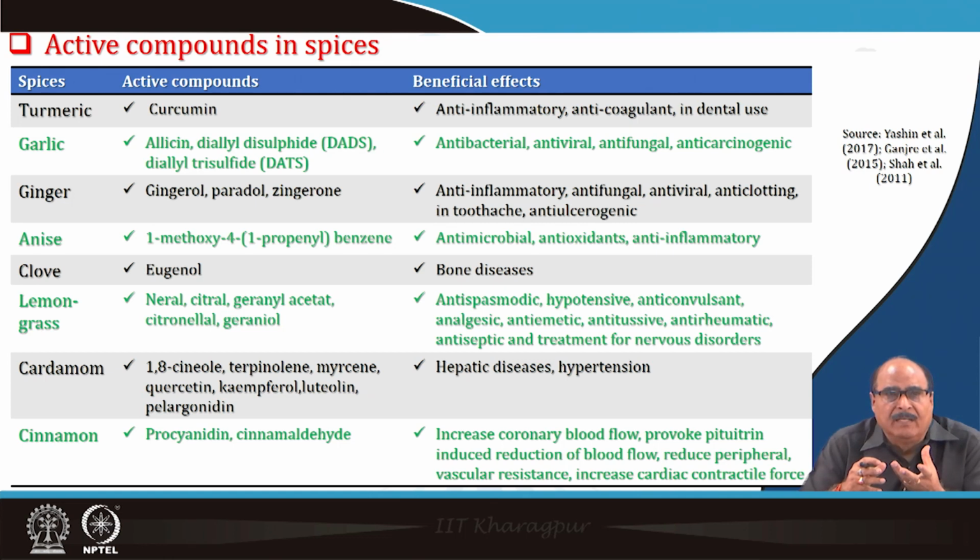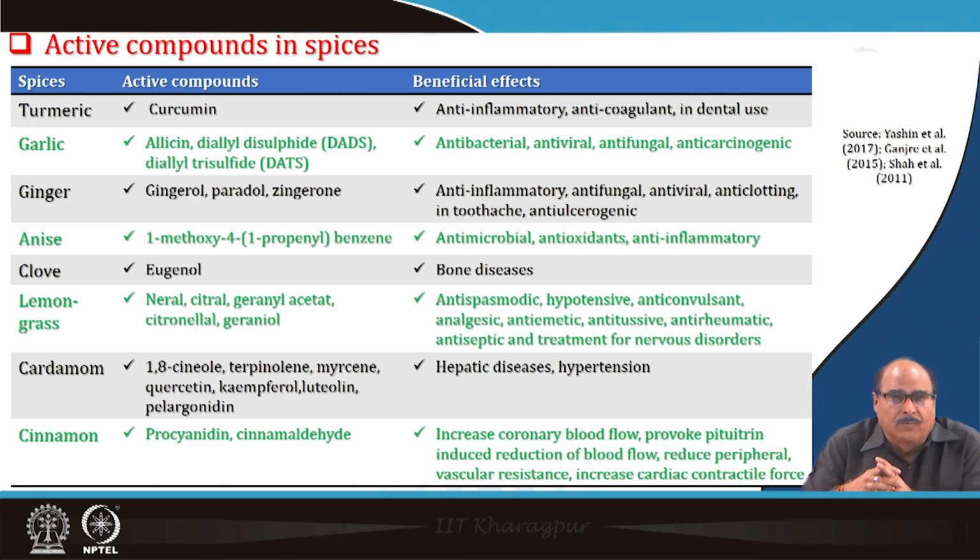The active compounds of garlic are known for antibacterial, antiviral, antifungal or anti-carcinogenic activities. In ginger, there is gingerol, paradol or gingerone. These compounds are known for their antibacterial, antifungal, antiviral activities, etc.